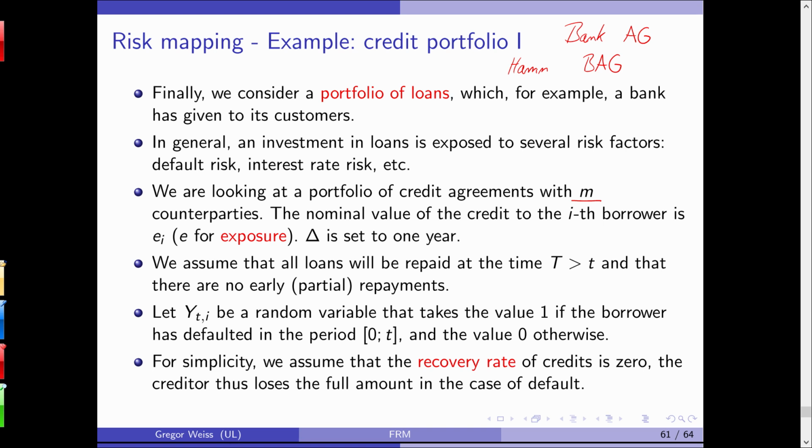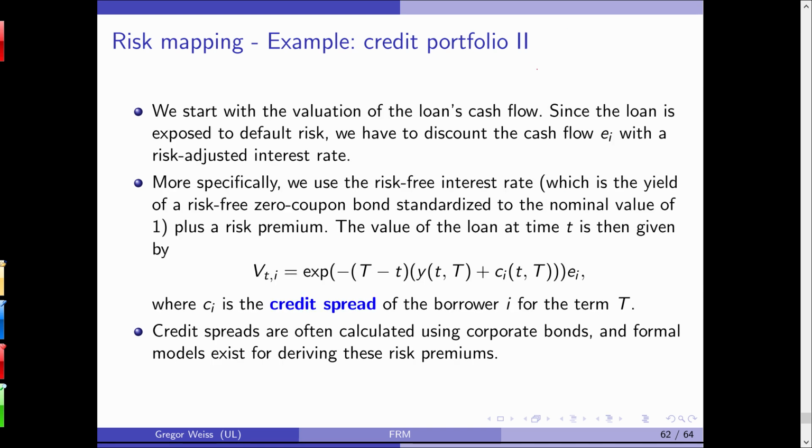We assume here recovery rates are 0. So if someone defaults, everything is lost. Makes things much easier. We start with the evaluation of the loan's cash flow. Since the loan is exposed to default risk, we have to discount the cash flow, EI, with a risk-adjusted interest rate.